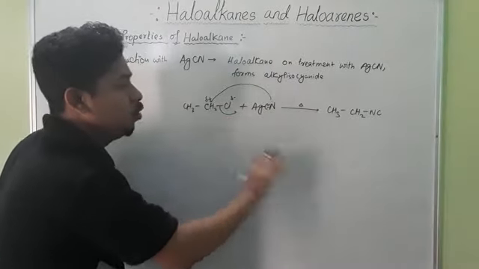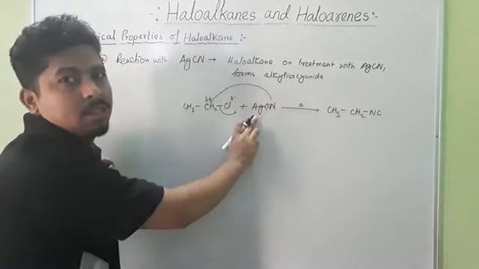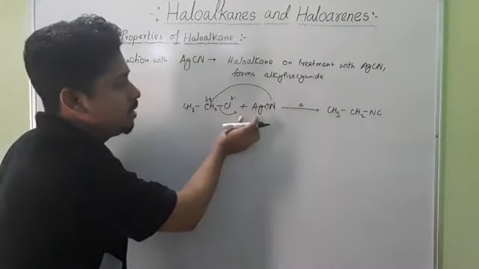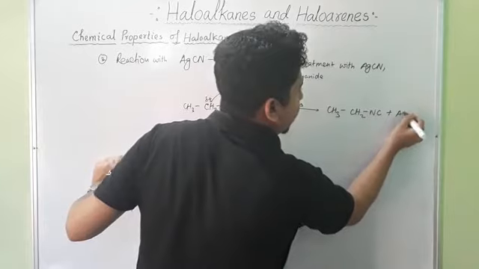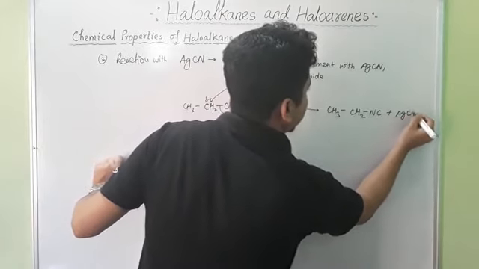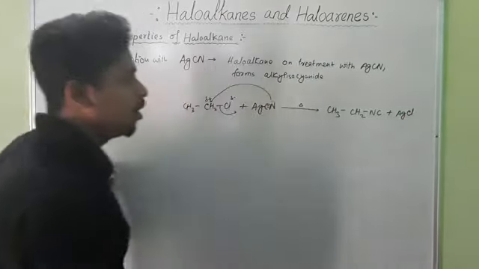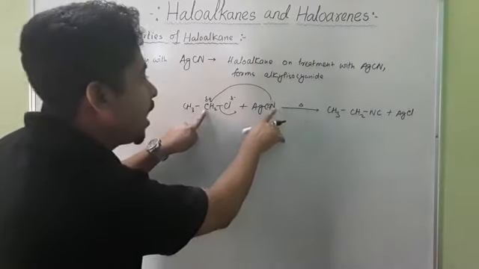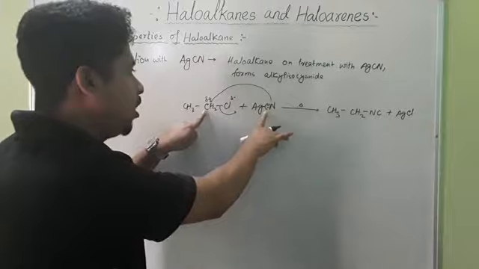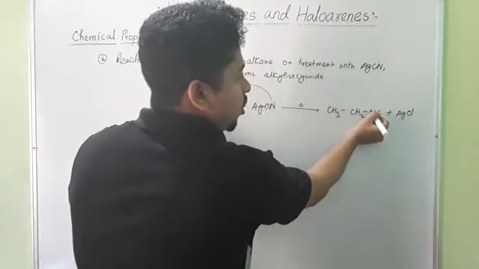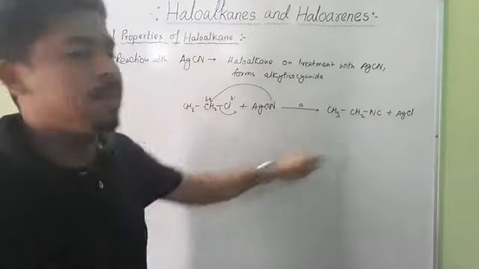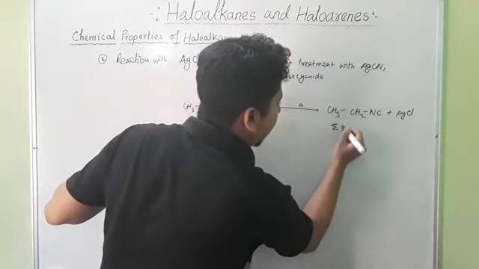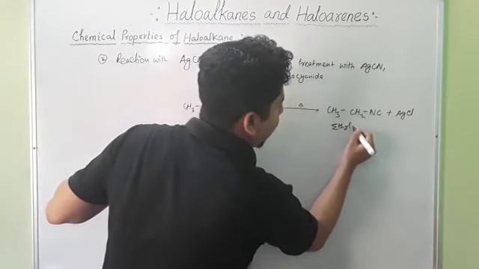Cl will be released and it will attack the Ag plus, so AgCl, silver chloride, will be removed. But we are getting CH3-CH2-NC, because nitrogen is attacking, that's why nitrogen comes first. So it is alkyl isocyanide, and its name is ethyl isocyanide.